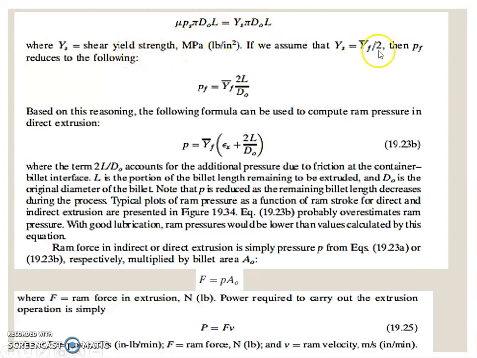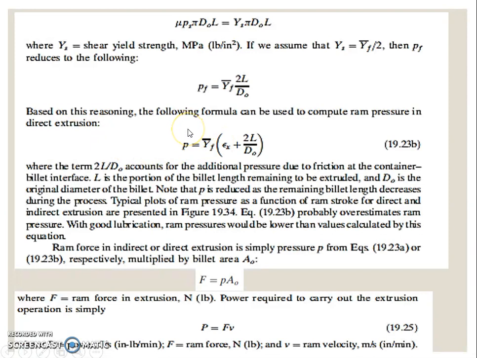It assumes that Ys equal to the average flow stress over 2, then the PF can be simplified into this equation. When it is replaced here, you will be able to calculate the P value, which is the ram pressure for the direct extrusion, given like this.